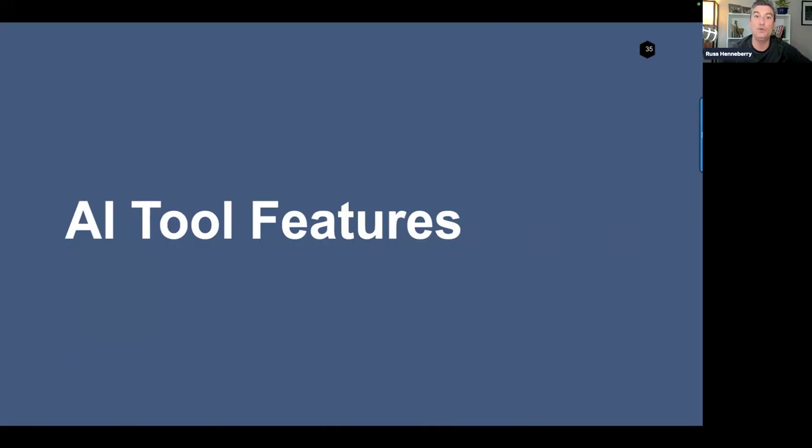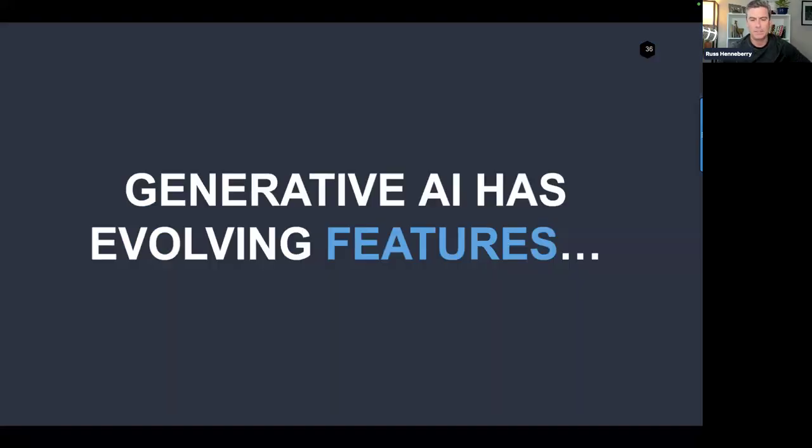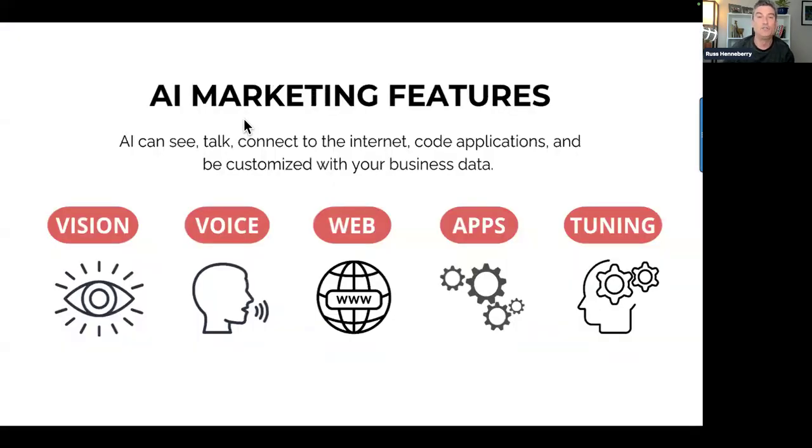These are really more usability features. So when I think about features, I think these are some really important ones that we need to be looking at with AI systems as they continue to evolve. So you have vision, voice, web connectivity, the ability to build applications, and then tuning. All right, so we're going to look at some of these things today.